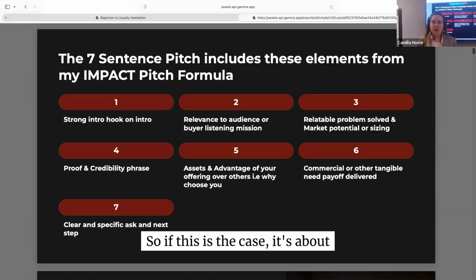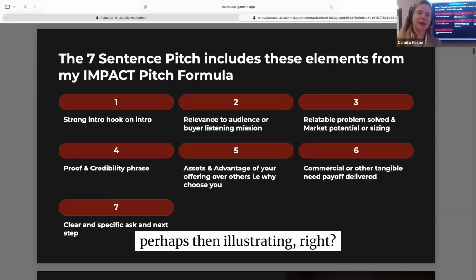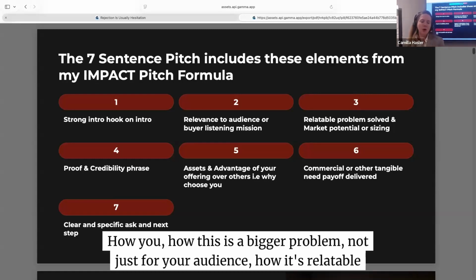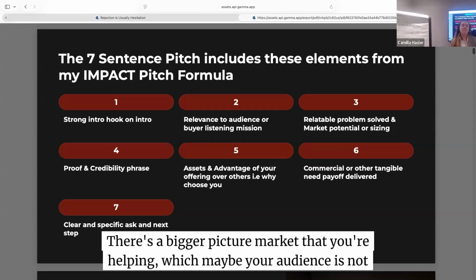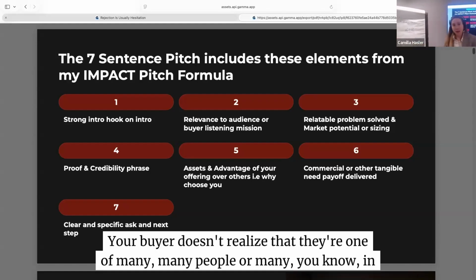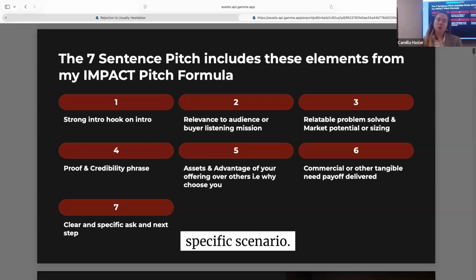If this is the case, it's about illustrating how this is a bigger problem, not just for your audience, how it's relatable, and that there's a bigger picture market that you're helping, which maybe your audience is not aware of. Your buyer doesn't realize that they're one of many, many people in this specific scenario.